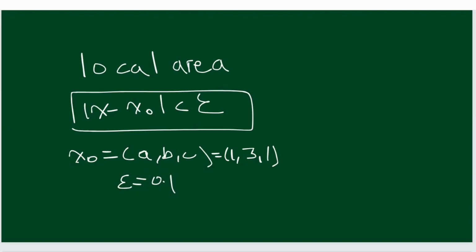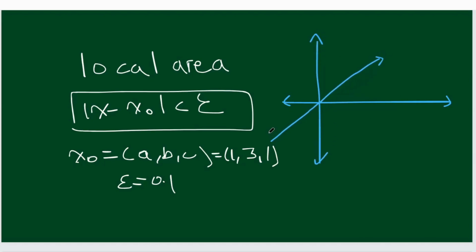Well, let's first see how we're supposed to use the distance formula to do this problem. So if we draw a three-dimensional space, this is the x-axis, y-axis, and z-axis. So (1, 3, 1) is somewhere around here, right? And now epsilon, the radius of the sphere, is going to be 0.1.